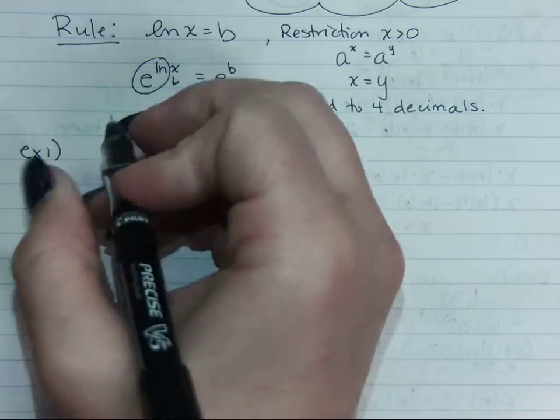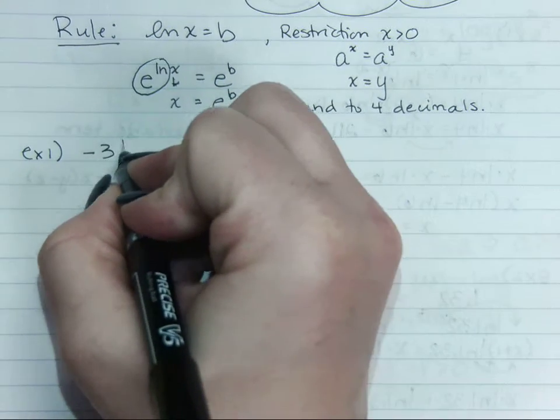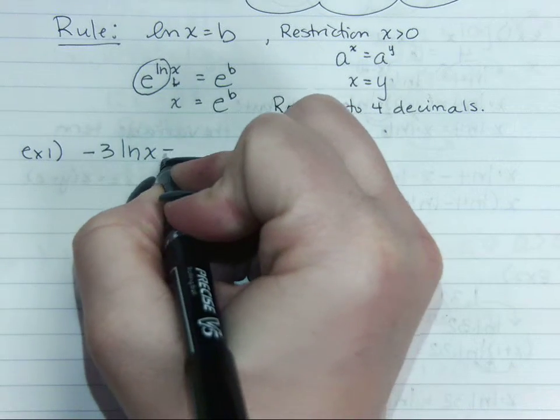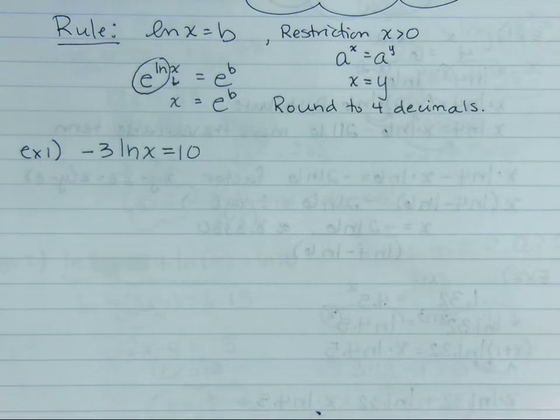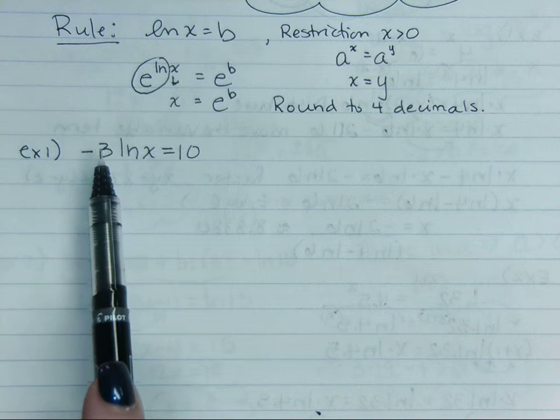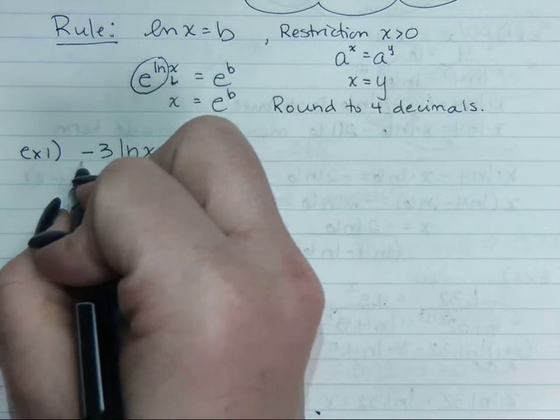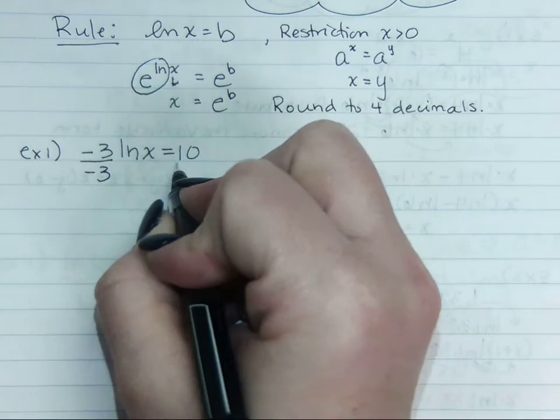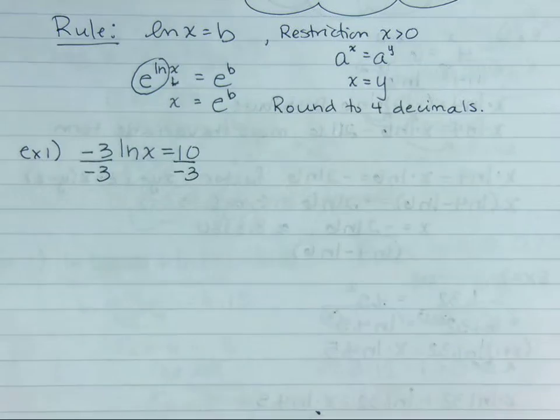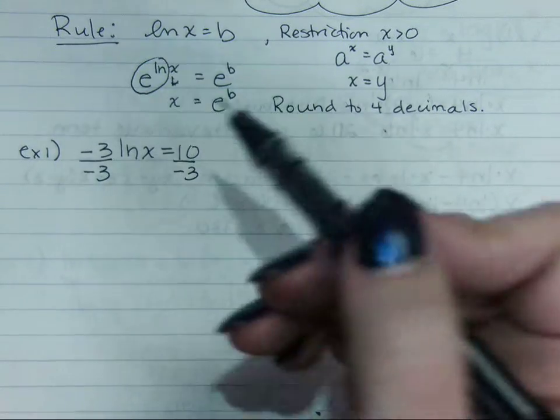This is going to start off with -3 ln of x equals 10. Now I need to get rid of this -3 that's attached to my ln, so I'm going to divide both sides by -3. This is not the only way to do it, but it's the way I'm going to show you for now.